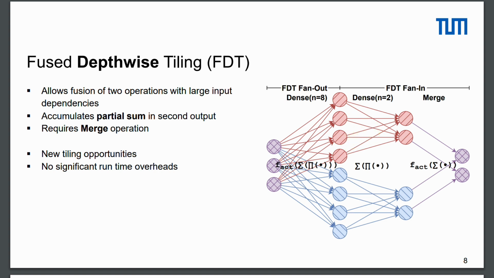But then the outputs are not finalized, and an additional layer or step is needed that merges these by just summing these partial values and then applying the activation function afterwards. The main benefit is that we still can fuse here, and if there's a large size difference between this intermediate buffer and the last output buffer, this can save memory.